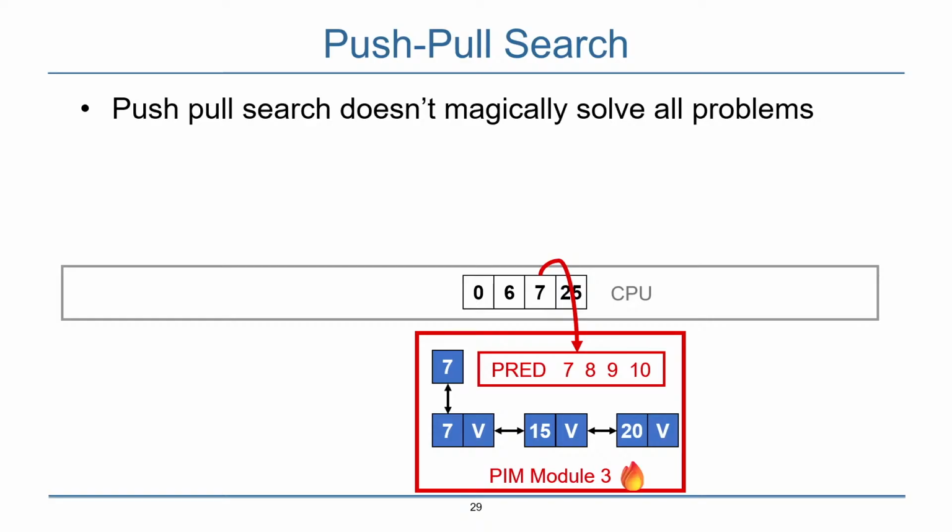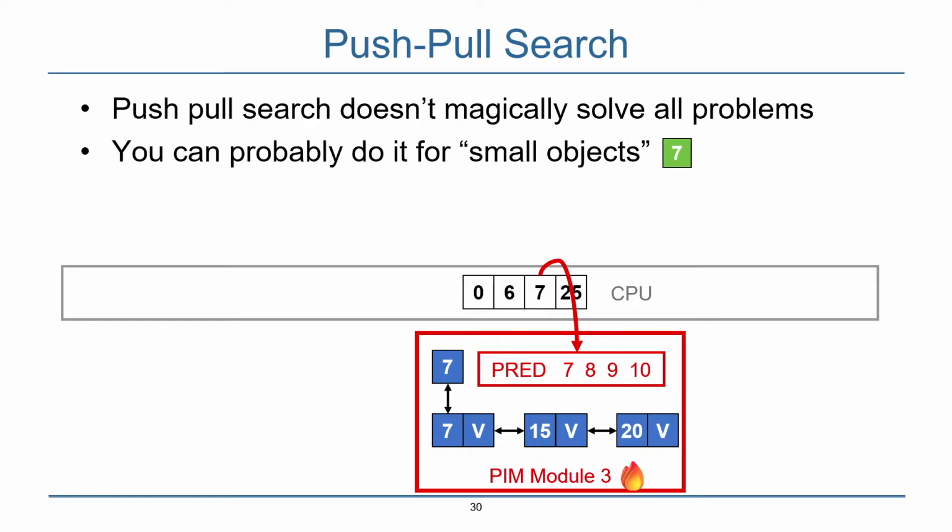Now you have to decide whether you push your queries and cause load imbalance, or if you want to pull, you need to pull the whole subtree, which is very large in space. You may not hold it, and it's lots of communication. So it's not the silver bullet that solves all the problems. But you can probably do it if the object itself is small. That's the insight I'm trying to tell here.